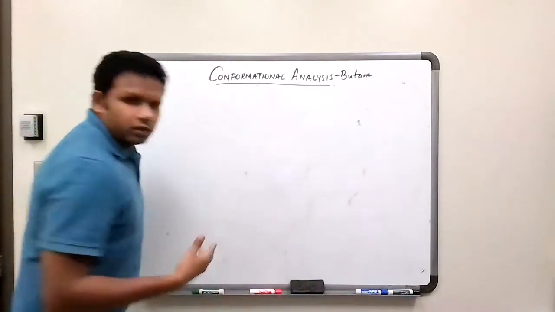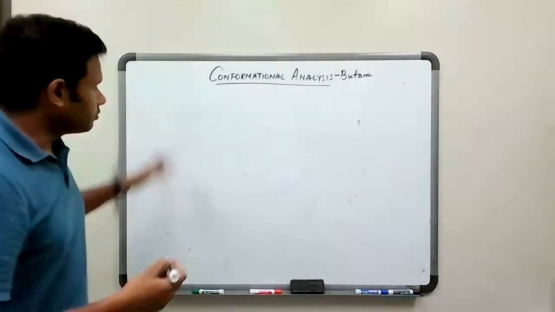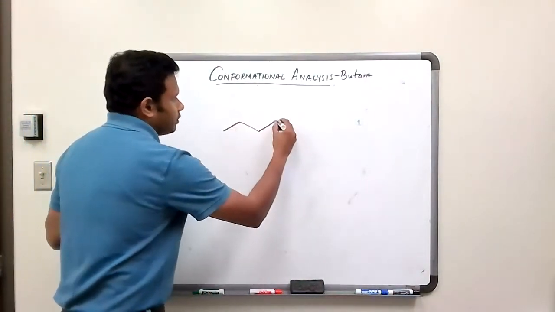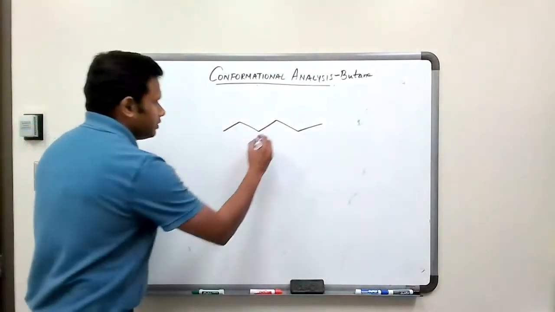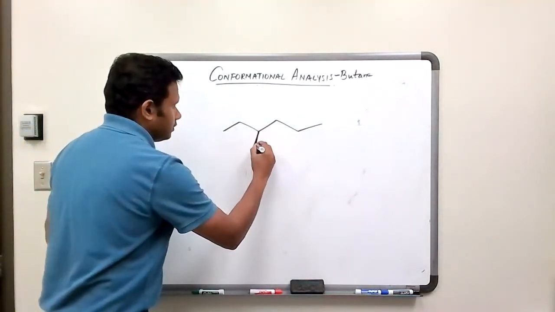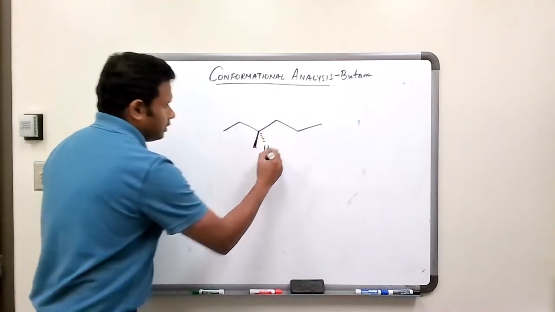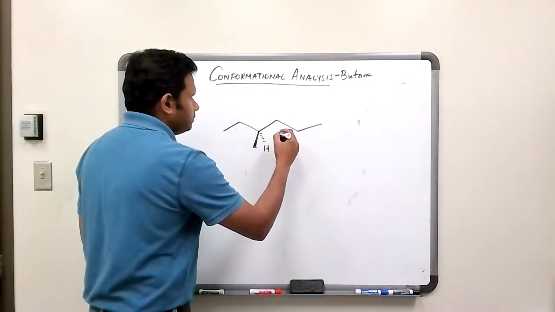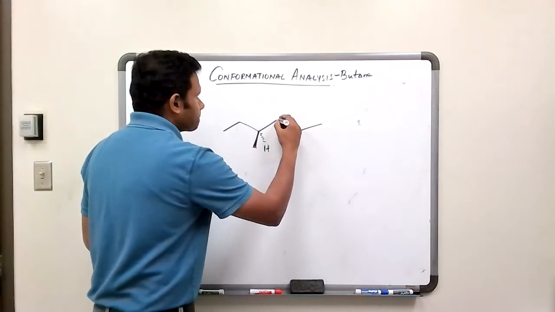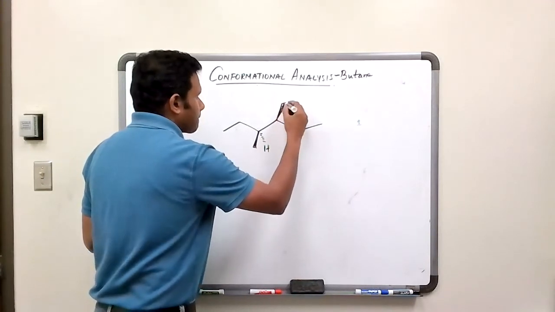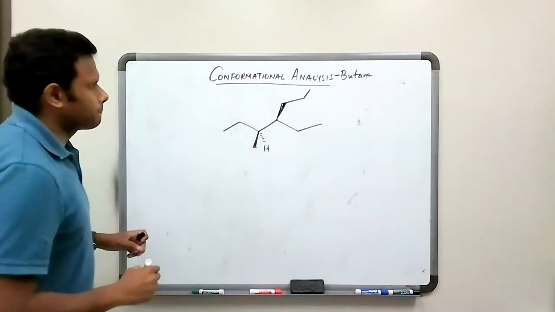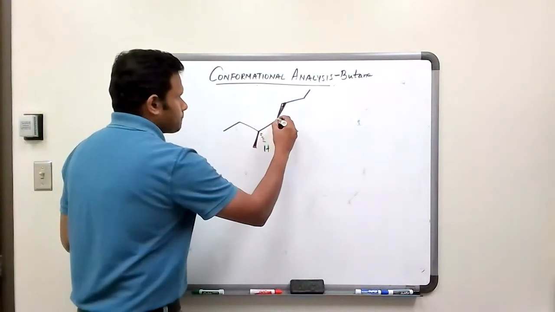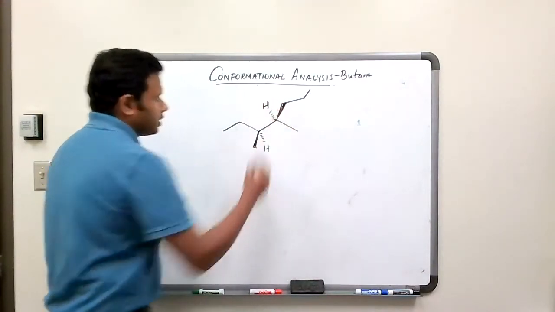And I'm just going to come up with a molecule here randomly. Okay, so let's say we have a molecule like that, and we have a methyl group here, hydrogen here, and we have a methyl, and then we have a hydrogen there.